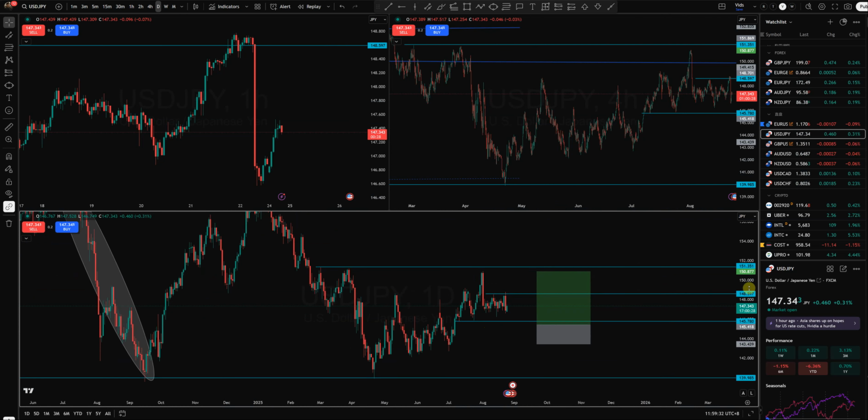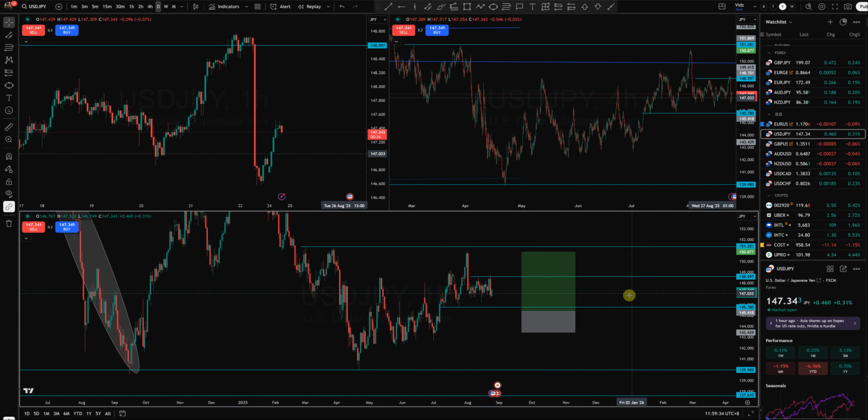Now, remember previously on Euro and USD, I said if the price is about to touch the blue line, we pay attention to the upside, right? How about for this one? This one, unfortunately, we cannot set to just one direction.